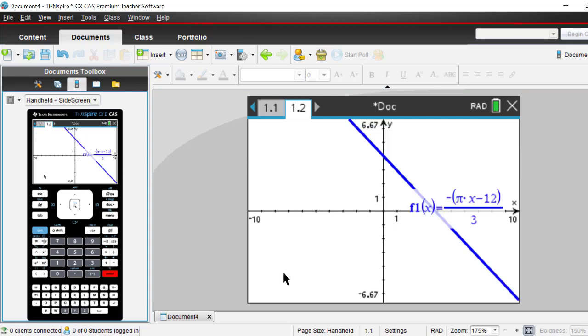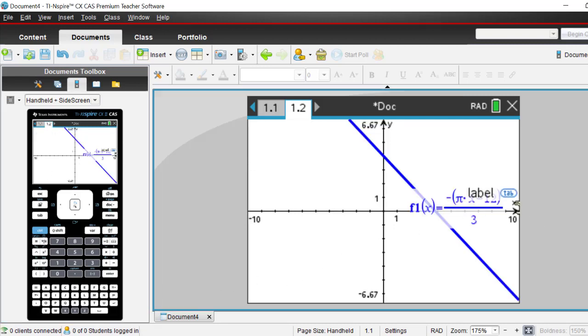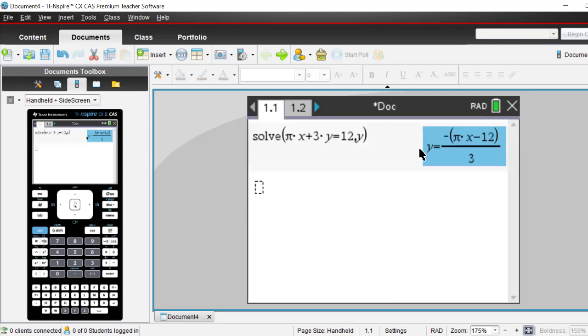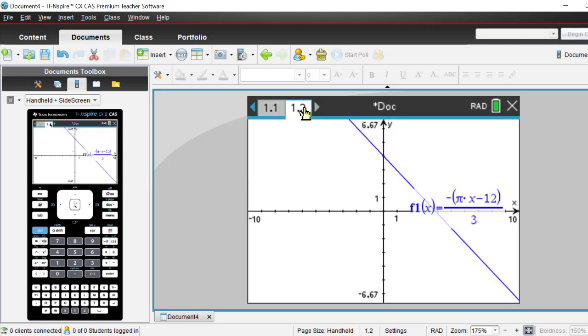Now, the good thing about these new calculators is that if I go back and go to Documents, can you see there? It's actually overridden the fact that we've got y equals. In the old calculators, you had to delete it.